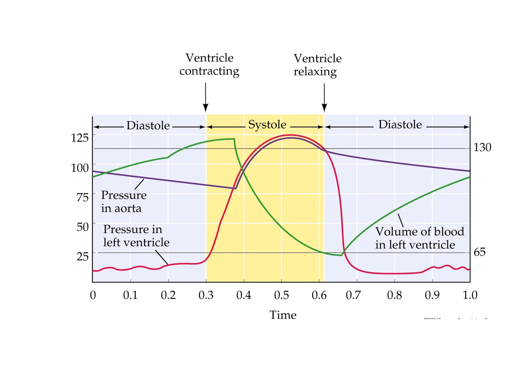Here is the graph shown separately, showing pressure and volume. On this axis it's volume, and on this axis it's pressure. And you can see that the pressure in the heart itself, in the left ventricle, is very low during diastole. That allows blood to flow into the heart, that low pressure.